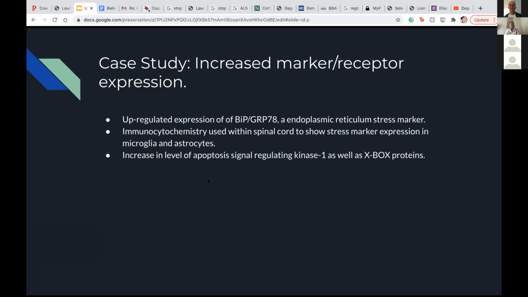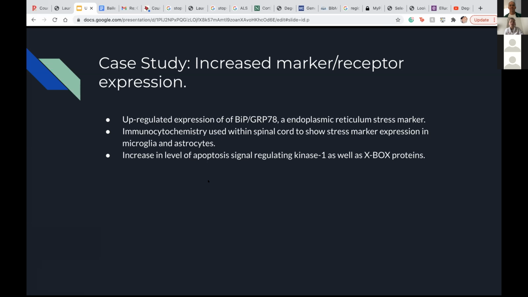In a case study, they looked at markers and receptor expression in dogs with DM, and found upregulated expression of BiP/GRP78, which is an endoplasmic reticulum stress marker. They used immunocytochemistry within the spinal cord to show the stress marker expression in the microglia and the astrocytes.